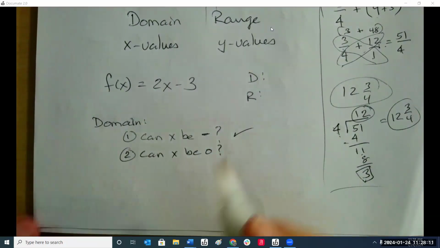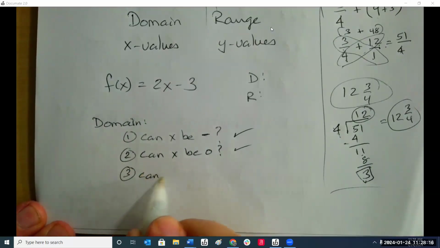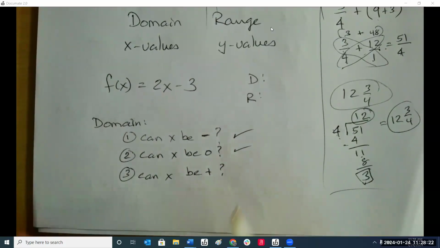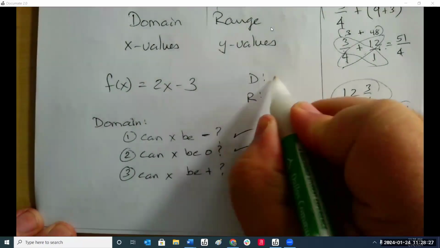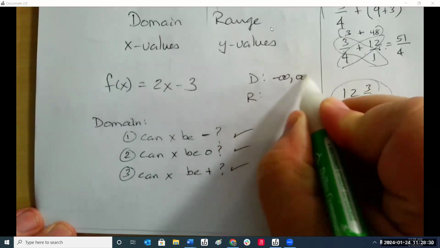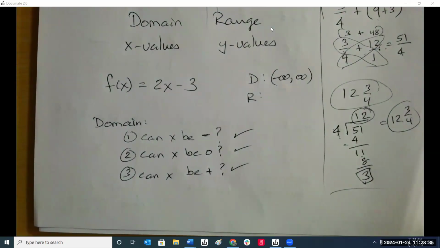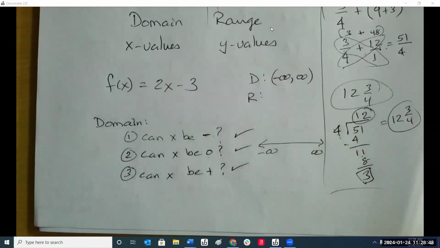Can I put a 0 in there? Yeah, it's not going to violate any rules of math. Can X be positive? Yes. So if all 3 of those are yeses, then my domain is from negative infinity to positive infinity. Because they can be positive, they could be negative, and they could be 0. So on a number line, it's everything from negative to positive infinity. It's everything.